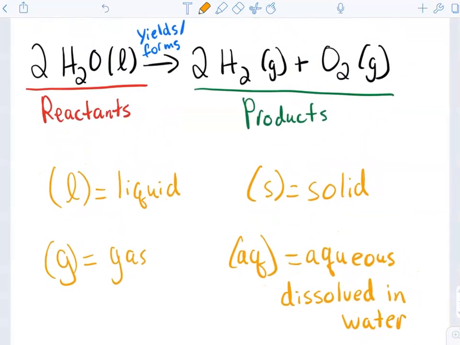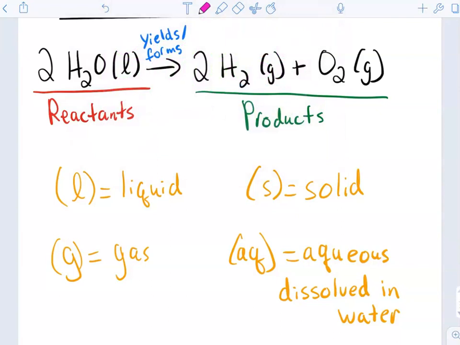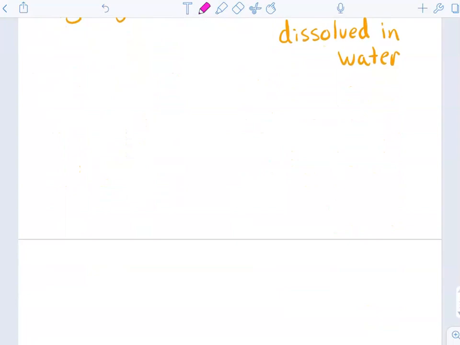Okay? And then the other thing that we need to talk about is these numbers in front of our elements and compounds. What I just circled or put a square around in pink, those are going to be coefficients.